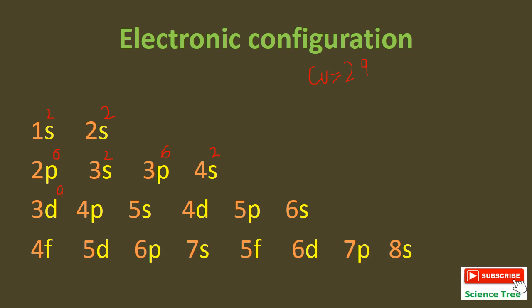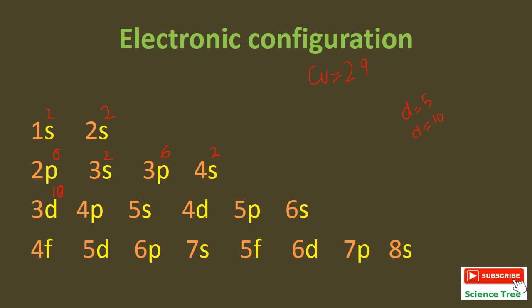But as I have told you before, d subshell feels much more stable when it has 5 electrons in its outermost shell, or it has 10 electrons in its outermost shell. So it always tries to achieve the nearby configuration. Now there are 9 electrons, so nearby is 10. It will take 1 electron from 4s and turns into 10.